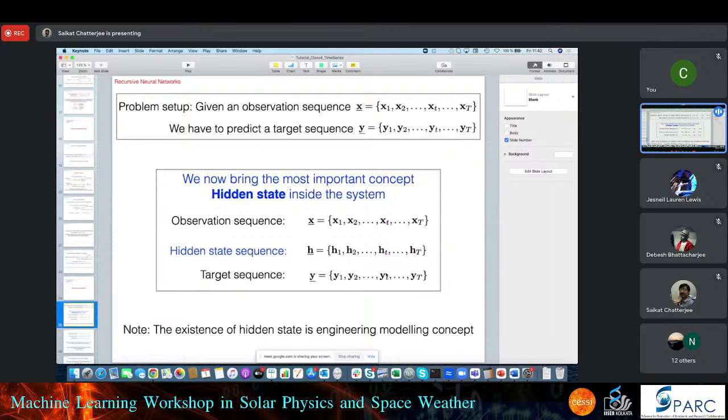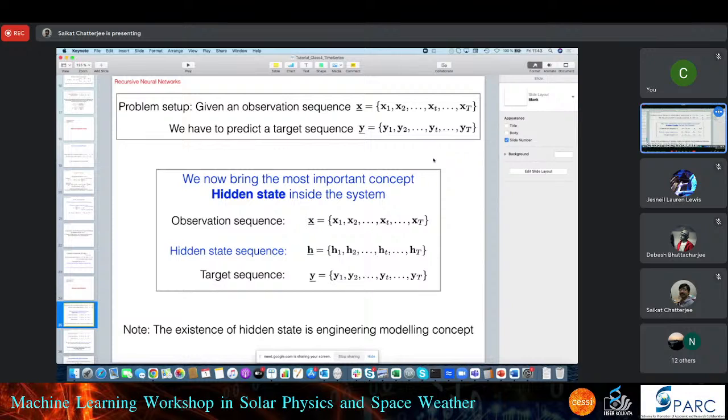Now, what is this hidden state sequence? Where does it come from? That we have to understand. Please note that this hidden state sequence is a modeling concept. It's an engineering modeling concept. It may not exist in the actual system. For the actual system, we never know what the real model is.